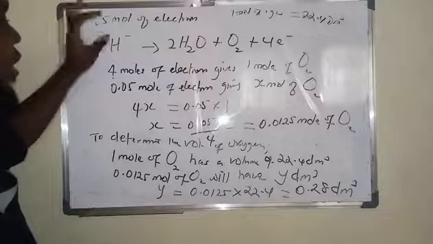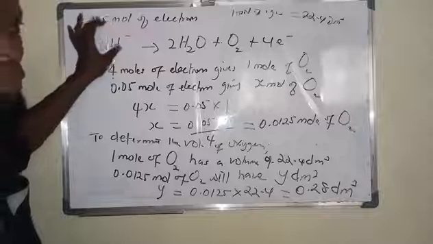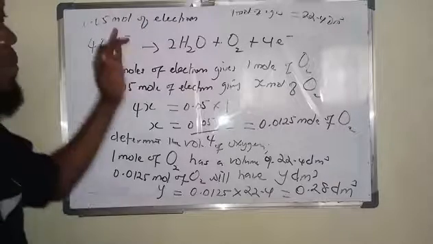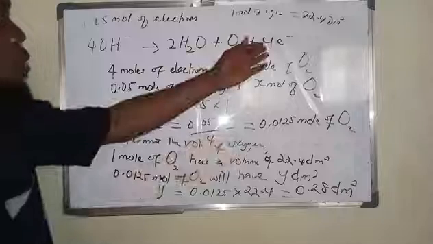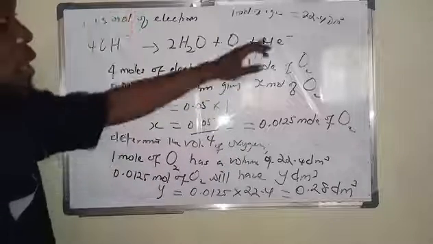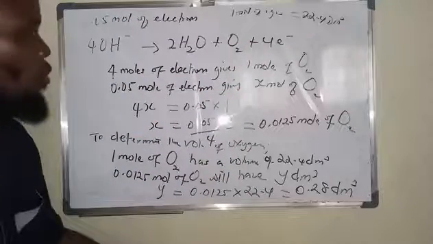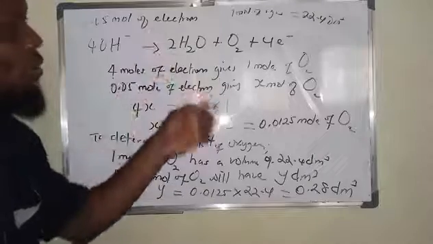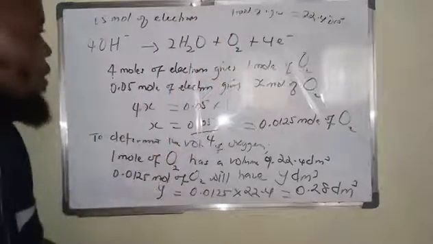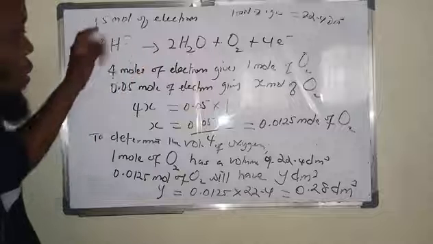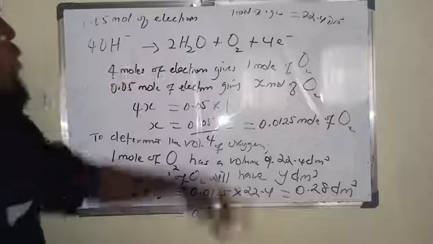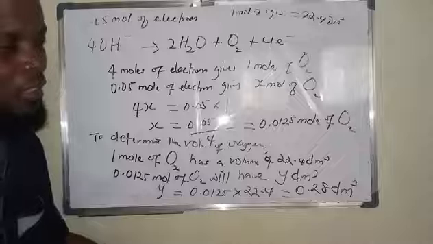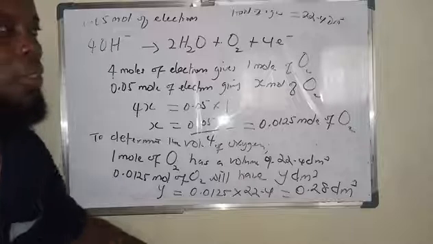So getting the correct equation is very important. If you can't get this correctly balanced, then we may not know the right number of electrons involved. If it were the case of copper 2 ion, Cu2+ plus 2 electrons giving 1 mole of copper, then you need 2 moles of electrons to give 1 mole of copper. And a mole of a substance is equal to the molar mass of that substance.